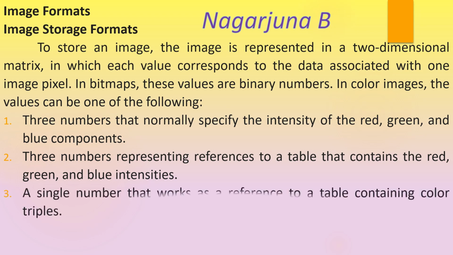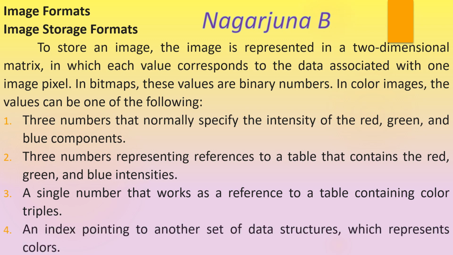And the third one is a single number that works as a reference to a table containing the color triplets. The color triplets contain the intensities of red, green and blue color. And the fourth one is an index pointing to another data structure which will represent colors, that is indirect addressing.